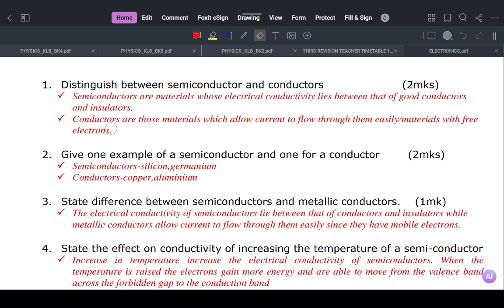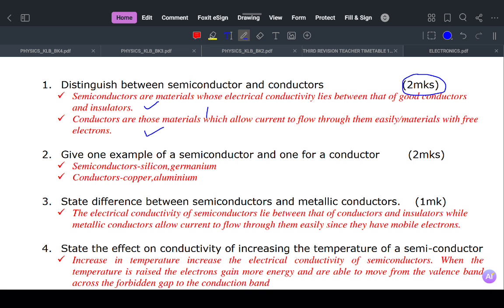They are materials which have free electrons or conducting electrons. So by stating these two differences, you have yourself 2 marks.